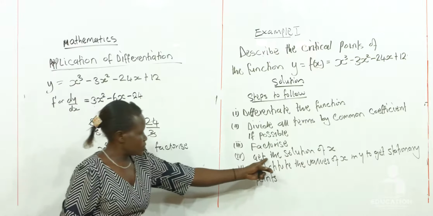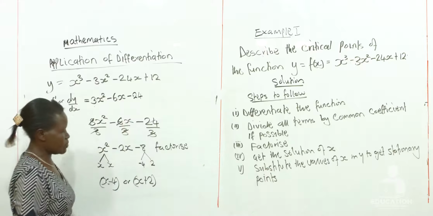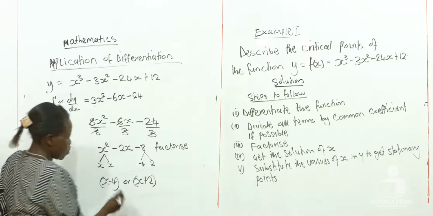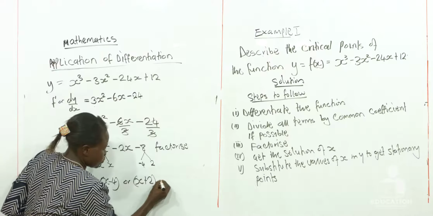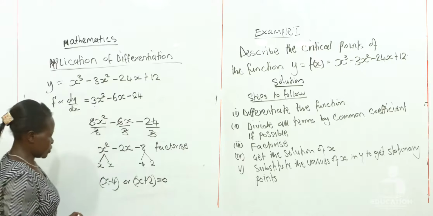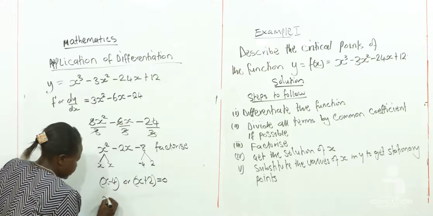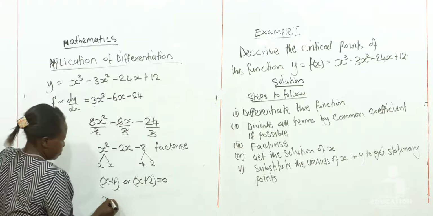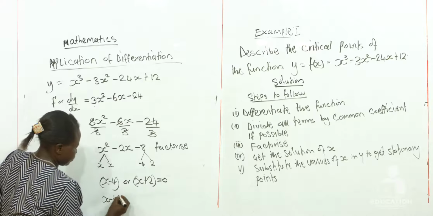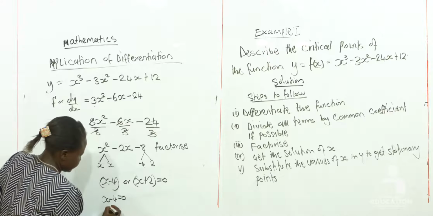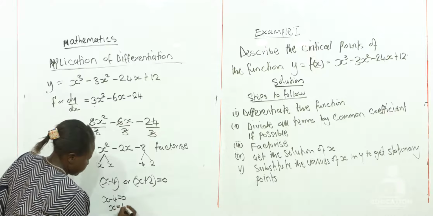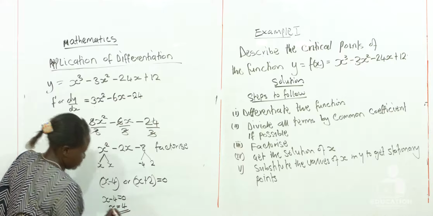Then we come to part Roman 4, get the solution. For us to get the solution, we equate it to 0. So x minus 4 equals 0 gives us x equals positive 4.